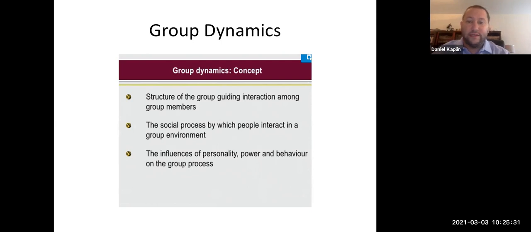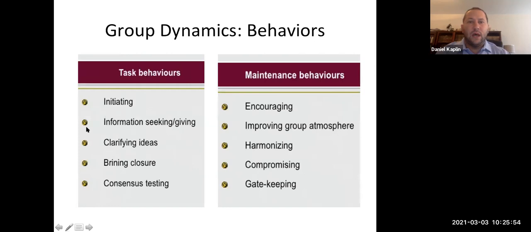We also look at the social process by which people interact with the group environment. And we look at factors such as personality, power, behaviors, individual behaviors, group behaviors, as well as group leader functioning and how that plays a role. So when we talk about group dynamics, there are different kinds of behaviors at play.